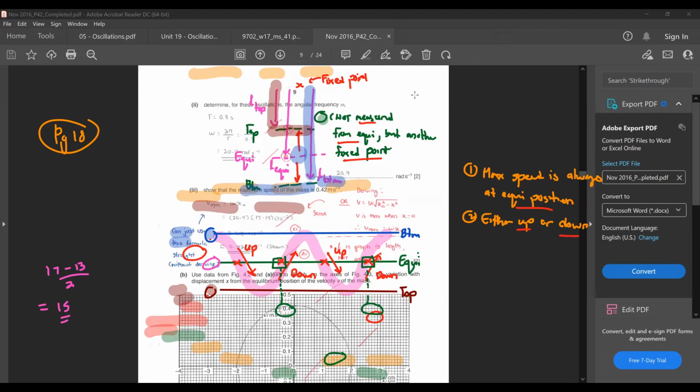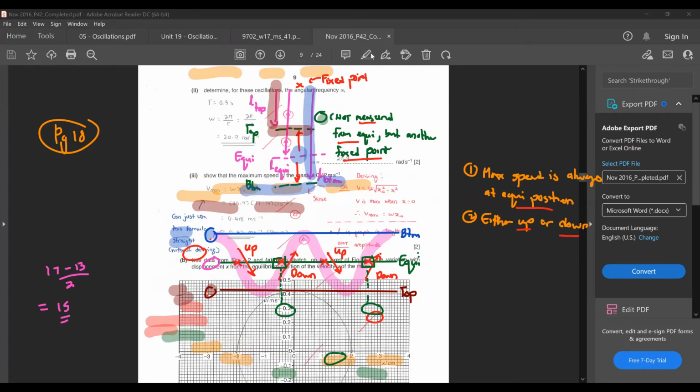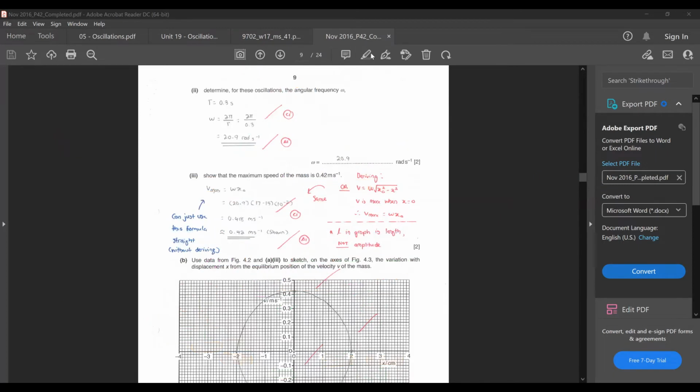The next question is this one. Determine for these oscillations the angular frequency omega. By now you should know that omega is 2 pi over T. You really just need to find the period. Your period is 0.3, so take 2 pi divided by 0.3, and you're going to get the answer as 20.9 radians per second.